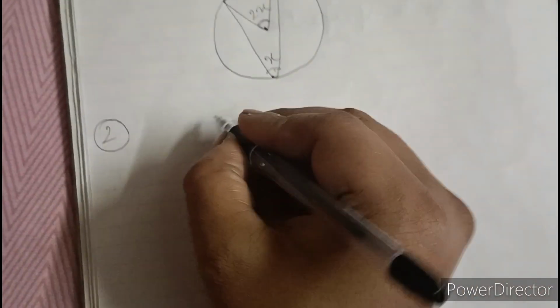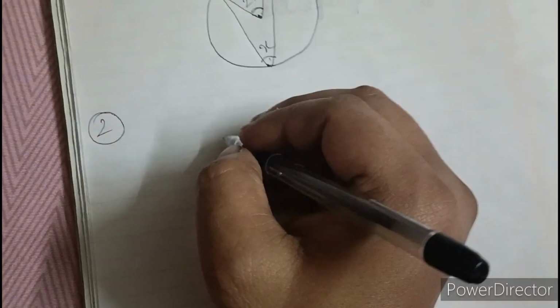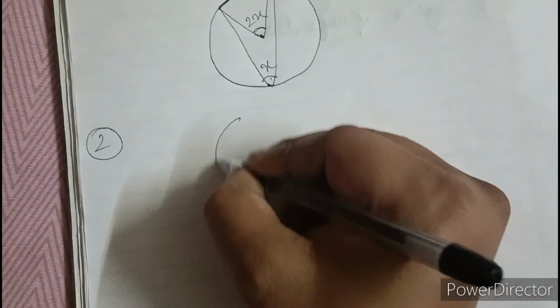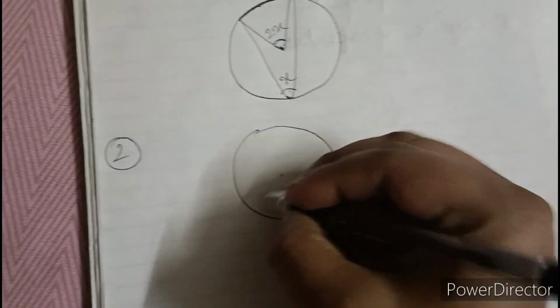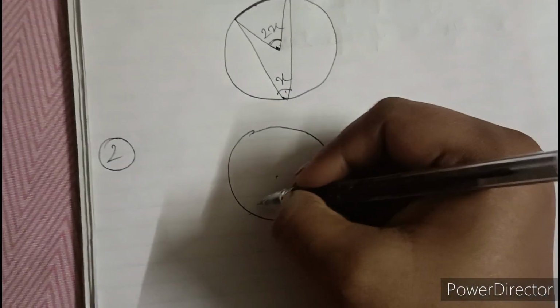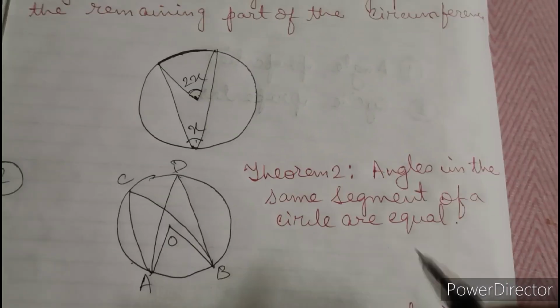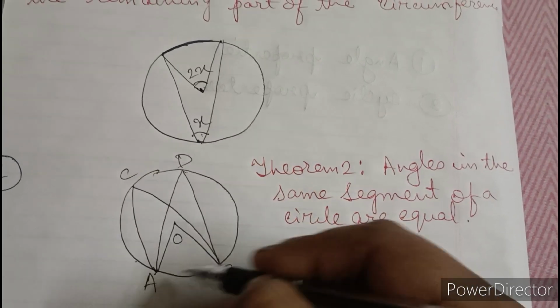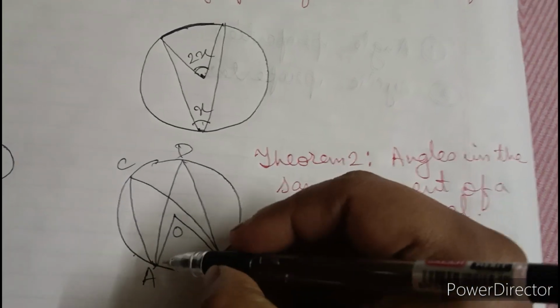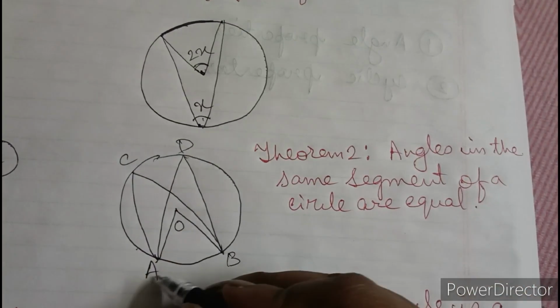Next theorem says that angles subtended in the same segment of a circle are equal. Suppose this is a circle. So the second theorem is angles in the same segment of a circle are equal. Now if we draw this diagram, see here, this is AB.